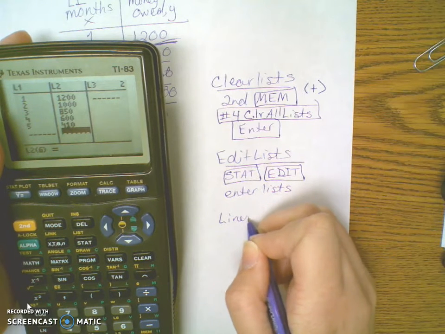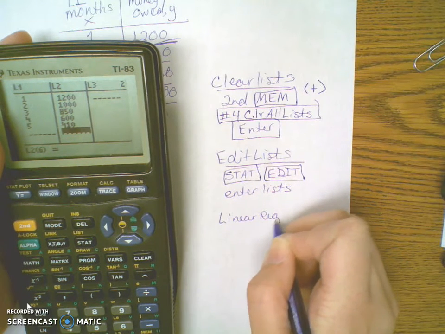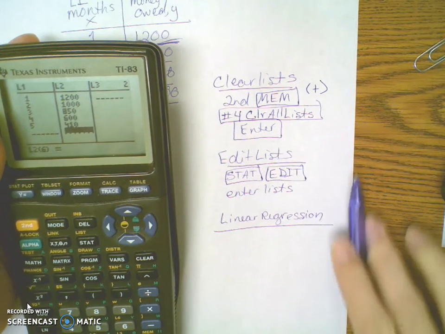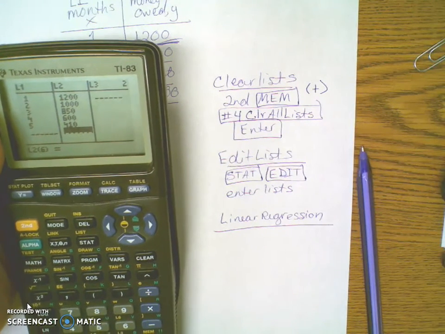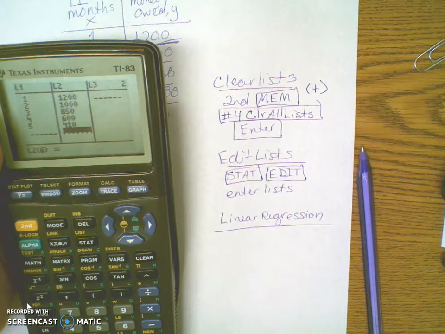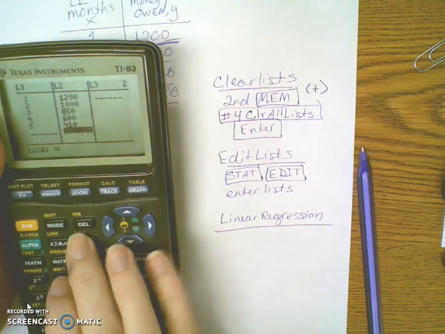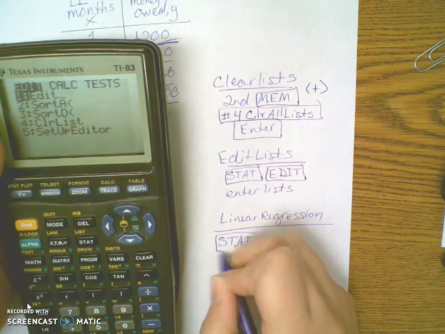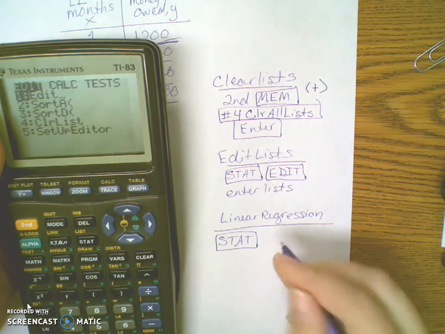Then we're going to do linear regression, which is our y equals mx plus b equation for our best fit line. So we're going to go to Stat again, then we're going to arrow over to the Calc menu.